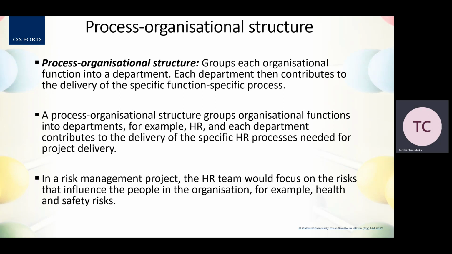However, in a risk management project, the HR team would focus on the risks that influence people in the organization. For example, there are health and safety risks and so forth. So those process organizational structures are more focused on processes than on functions.